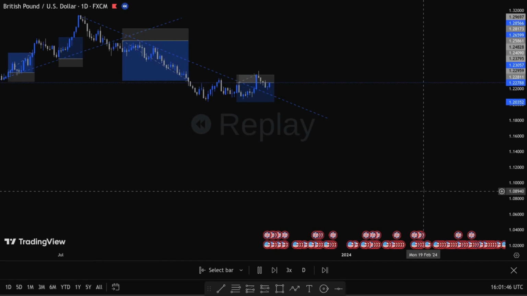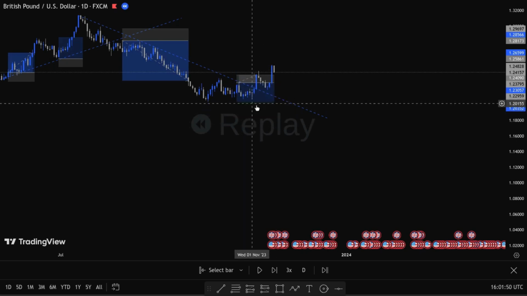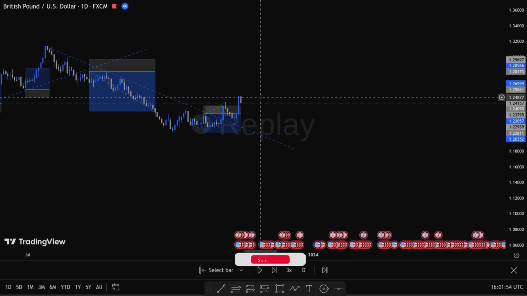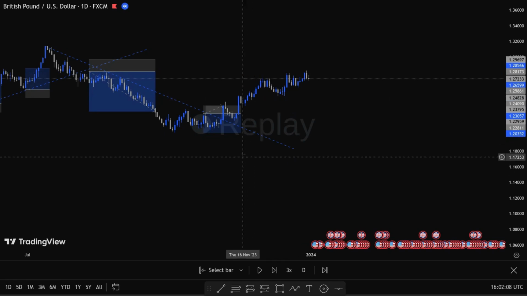Ouch, that was painful. That was painful, bro. Though I didn't even put my SL in that zone. It's part of trading anyway. So let's see the next level that price is going to respect and break this structure here. Or maybe that was even a break of trend line.